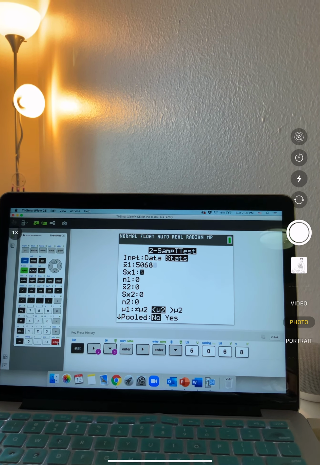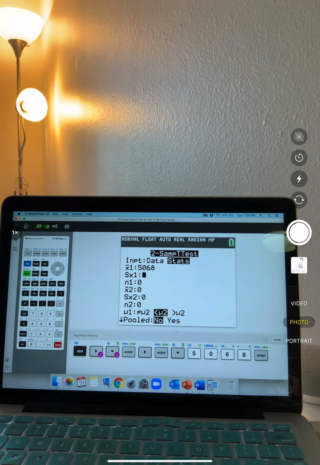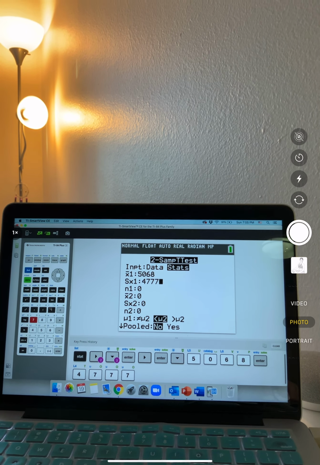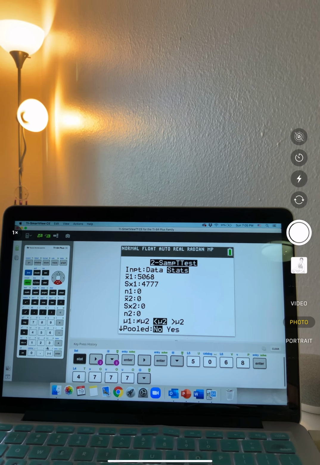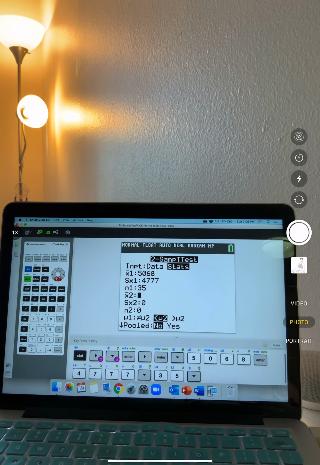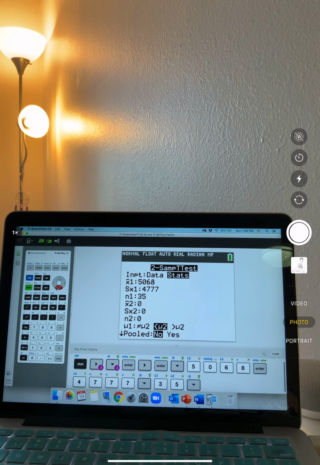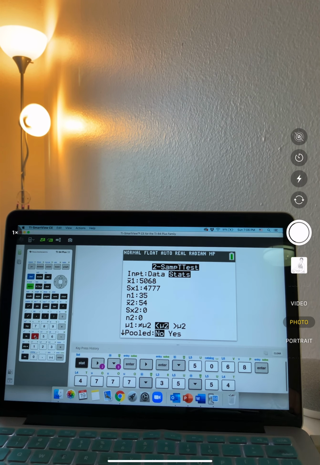Okay. And then sample standard deviation was 4,777. And then N1 was 35 students. Now moving on to group 2, X bar was 5,466.